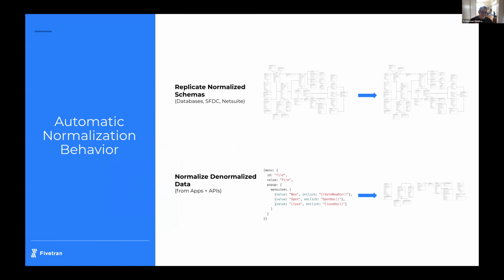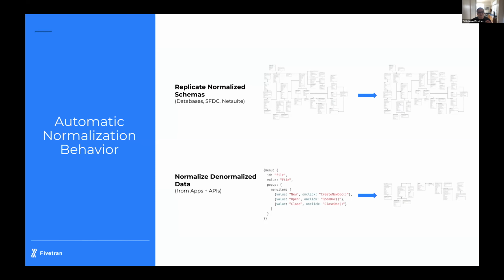And now we'll go even another layer deeper into the technical side of how all this works. The first is that Fivetran has automatic normalization behavior. So what this means is for sources where the schemas are already normalized, you can think here of your traditional relational databases, and then also our Salesforce and NetSuite connectors use a database-like connection.